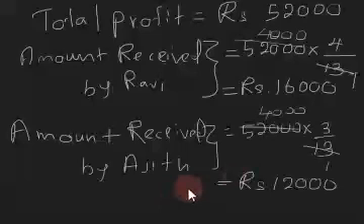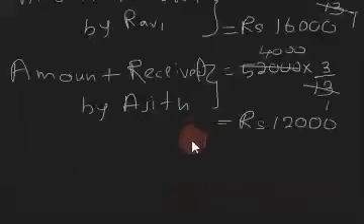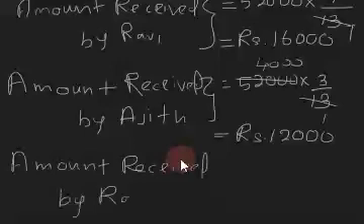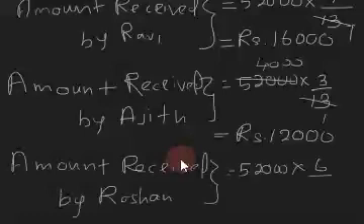Then the final amount received by Roshan: 52,000 times 6 over 13, 24,000.